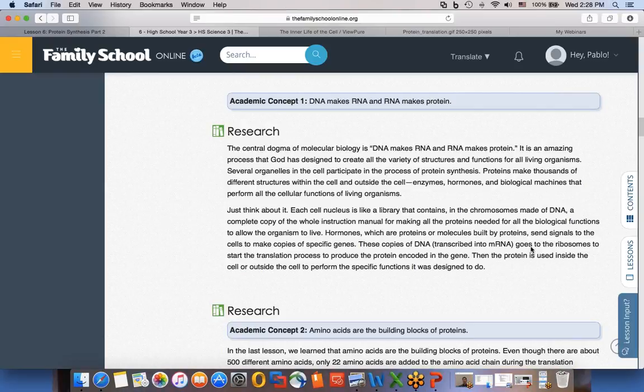We said that the library is the nucleus. The DNA is the books in the library, and a portion of that DNA, the gene, is the instruction for one thing. How does the cell make a copy of the DNA?